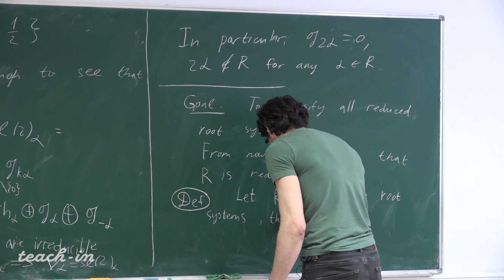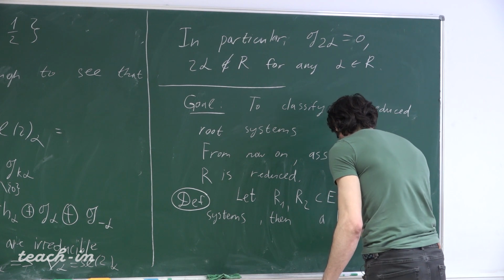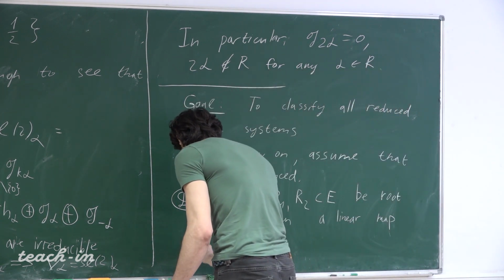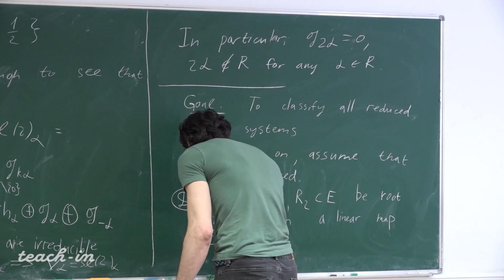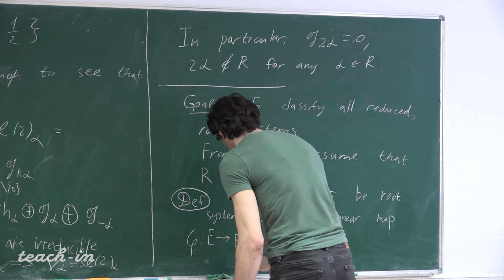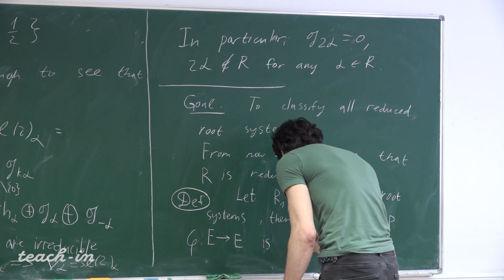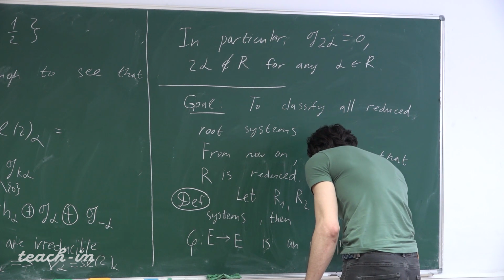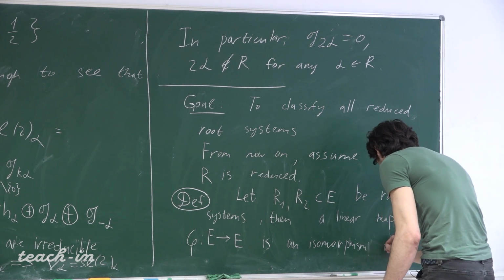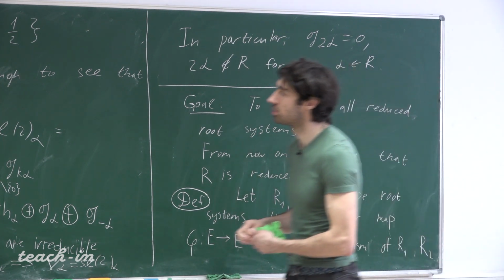Then a linear map phi from E to E is called an isomorphism of R1 and R2 if, so let me continue here.